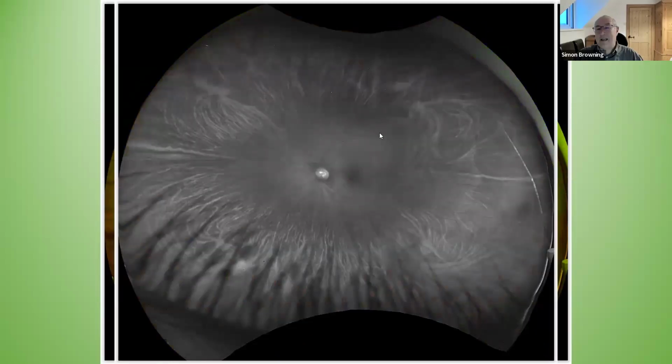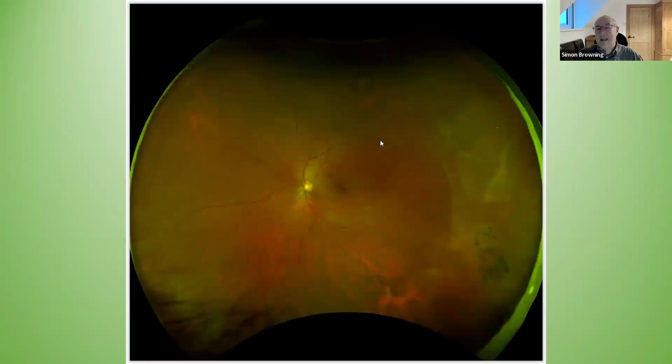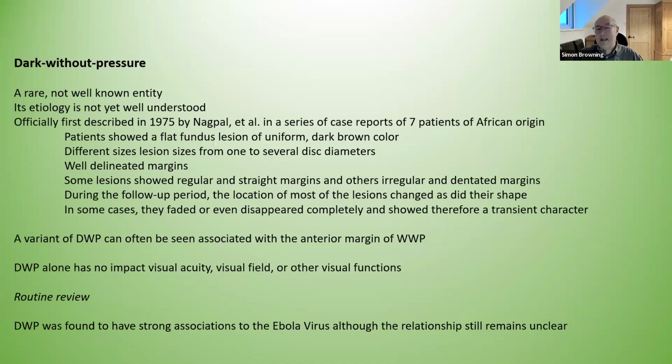Now, dark without pressure is a bit of a funny thing because it's not really well understood. It was actually only first described in 1975, but you just see these large areas of flat, dark lesions. They can be small or they can be really quite large. They've got well delineated margins.